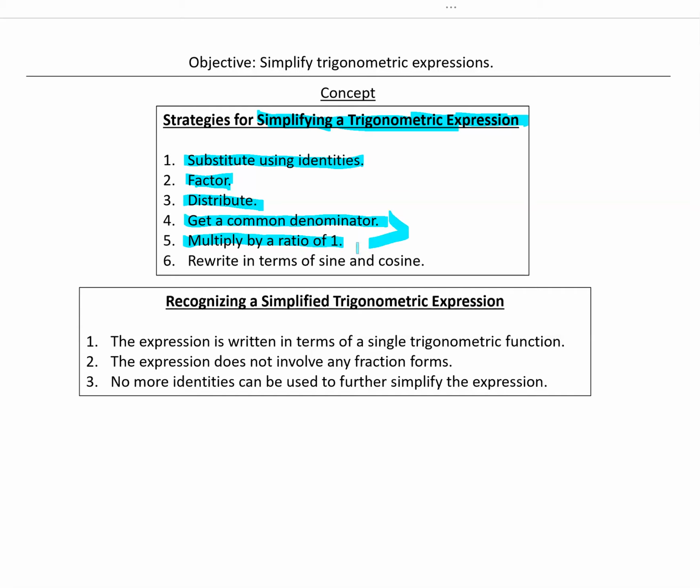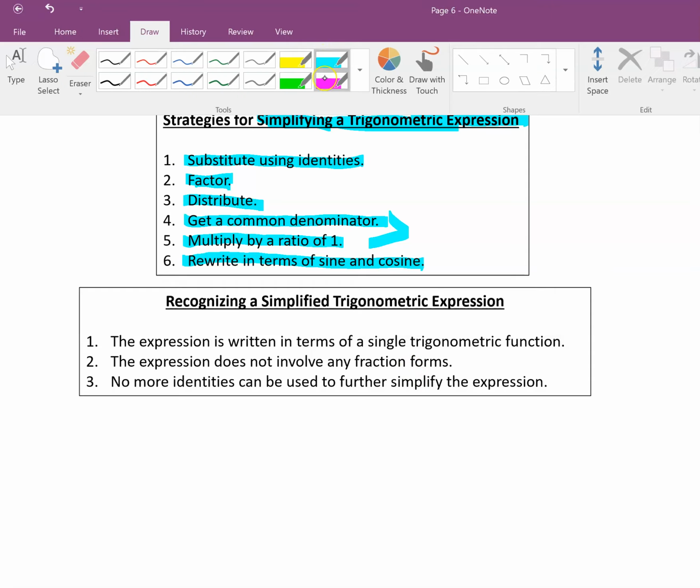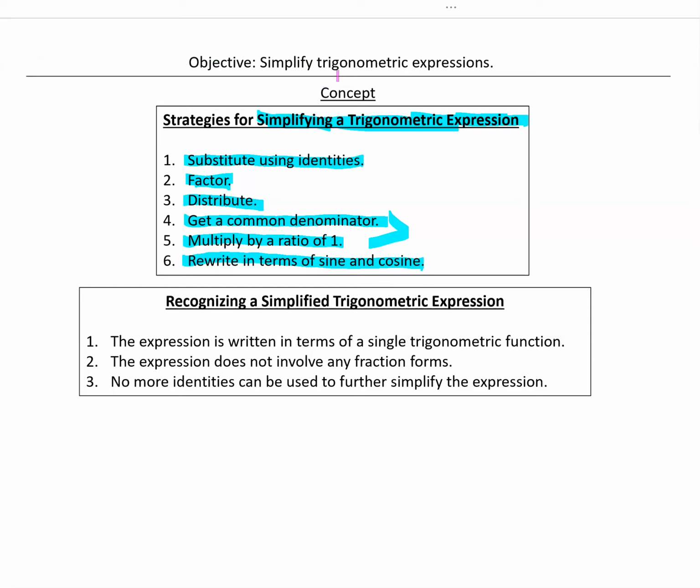And then if everything else fails, and you've got tangents and cotangents and secants and cosecants, a strategy that sometimes will work is to rewrite those other four using the reciprocal and quotient identities in terms of sine and cosine.